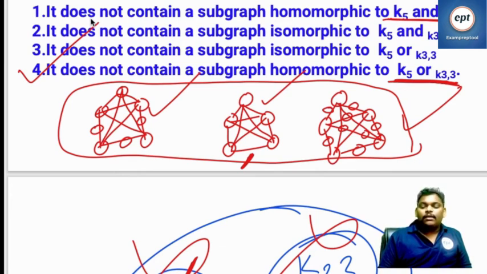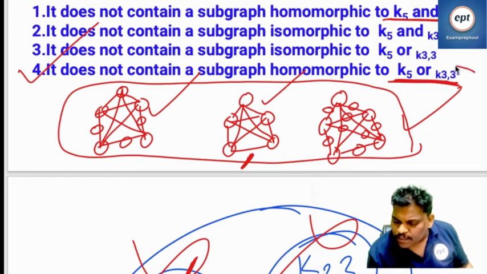Indirectly, option 1 is saying that if one is there, no problem. No, both cannot be there. Which does not contain K5 or K33.